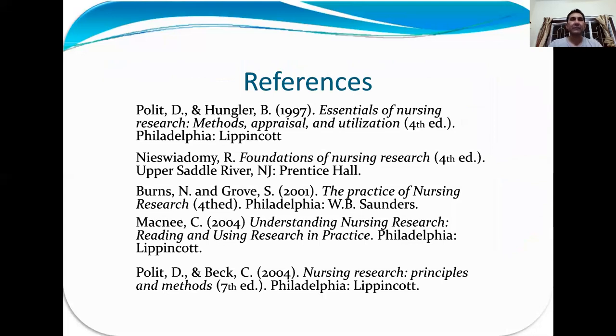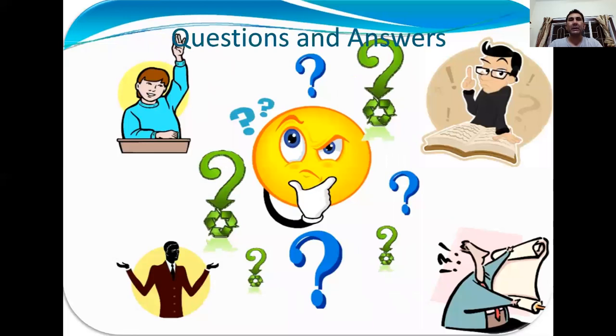So these are the references, as I told you earlier, Polit and Beck is the textbook for your nursing research. You should go through the chapters on method, appraisal, and utilization.